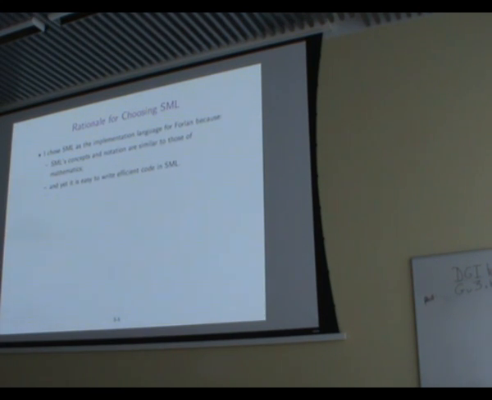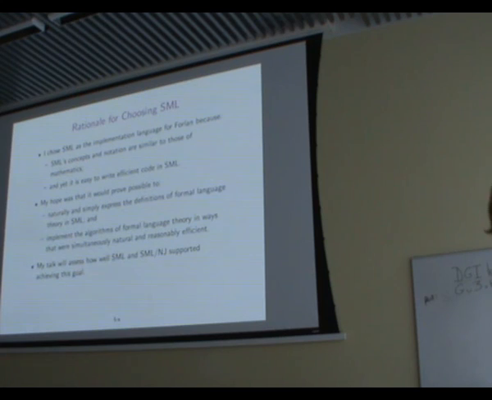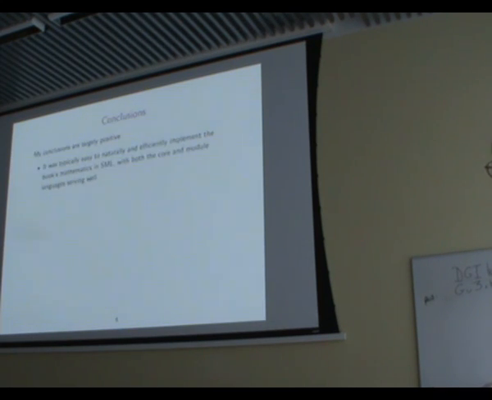Efficiency isn't the top priority for Forlan, but it's an important priority. And my hope was it was going to be possible to naturally and simply express the definitions of formal language theory in SML and also implement the algorithms in ways that were simultaneously direct, natural, and reasonably efficient. And so the talk is about how well this worked out.